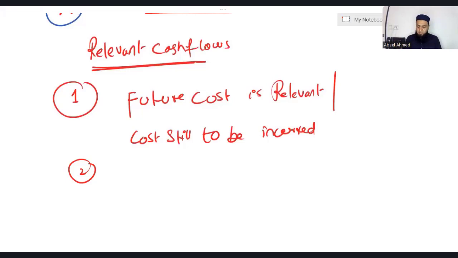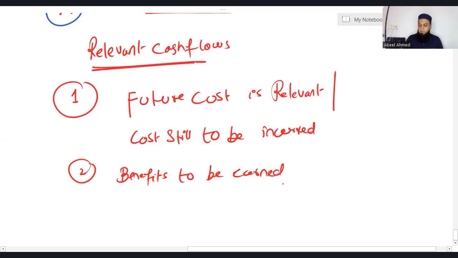Another very important concept: future benefits are relevant, meaning the future inflows relating to the project, cash inflows associated with the project, they are relevant. So benefits to be earned are relevant.